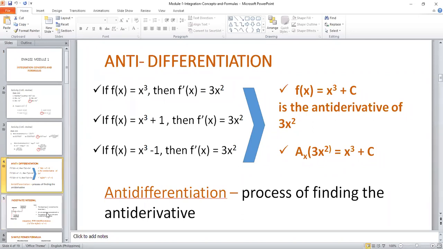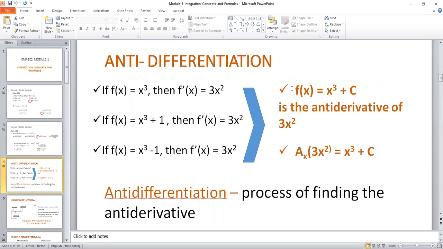So if f of x is equal to x cubed plus 3, this particular function is what we call the antiderivative of 3x squared. Being the derivative of the function, the antiderivative is the function which was differentiated.